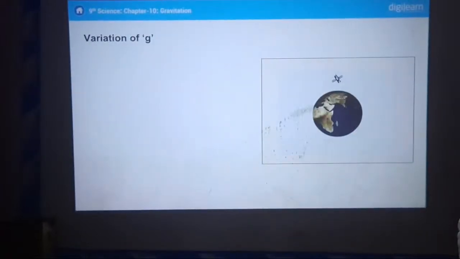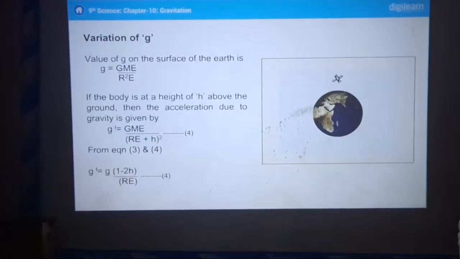Variation of g. The value of g on the surface of the earth is g is equal to G Me upon Re squared. If the body is at a height of h above the ground, then the acceleration due to gravity is given by g dash is equal to G Me upon Re plus h whole square.